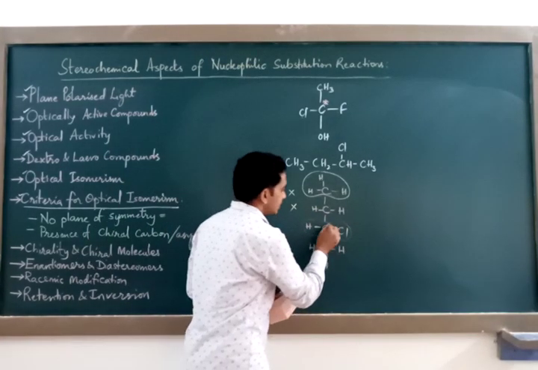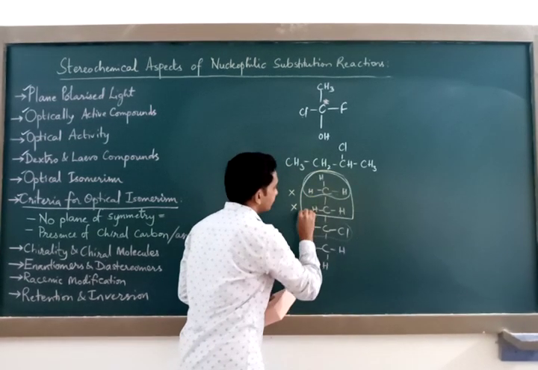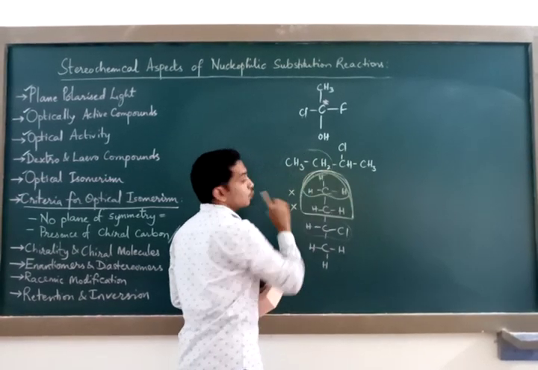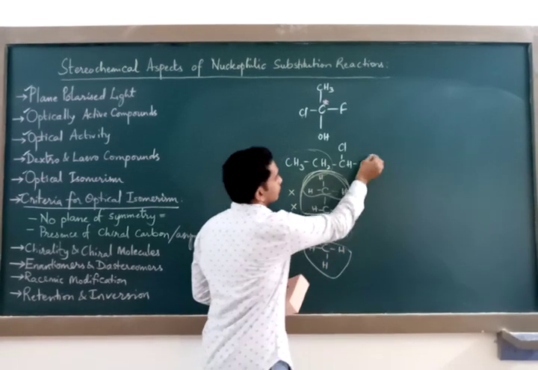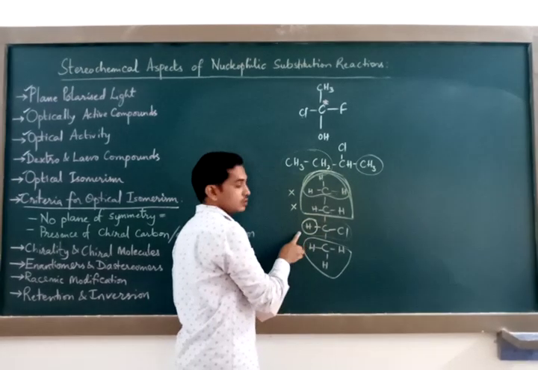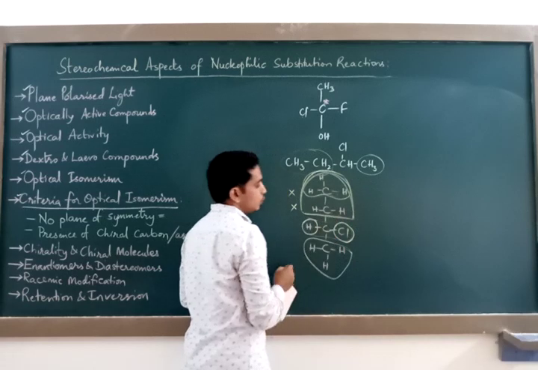Now look at third carbon. On one side it has ethyl group, CH3, CH2, one group. The other side it has methyl group, 2 different groups. One side it has hydrogen, third different atom. The fourth side it has chlorine.